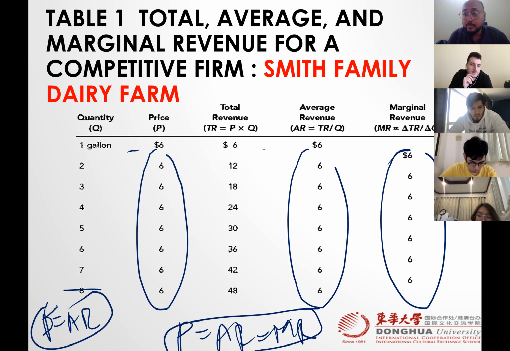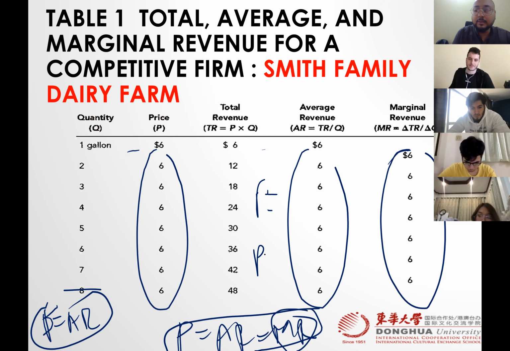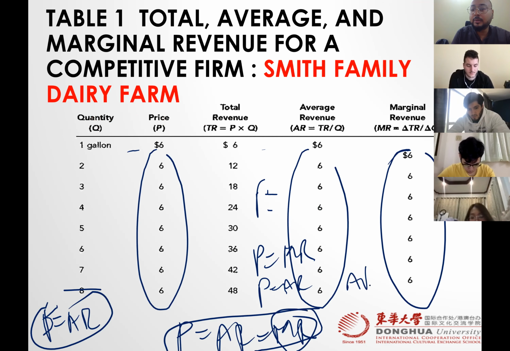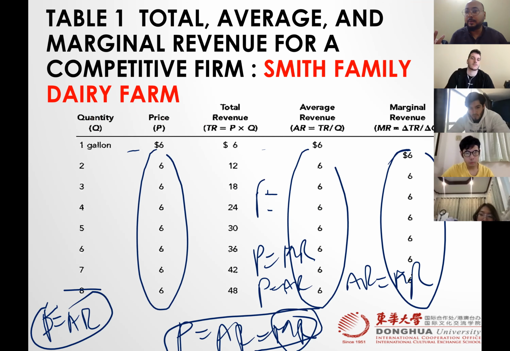Everybody understand? So let's move forward. What does it mean? If price is equal to AR is equal to MR, it means price is equal to MR, or price is equal to AR, or AR is equal to MR, because everything is equal. Understand?